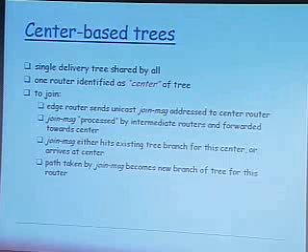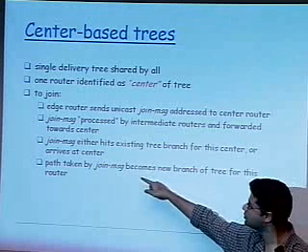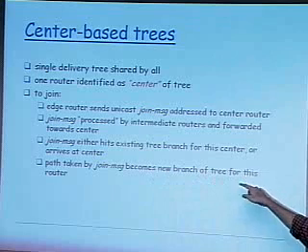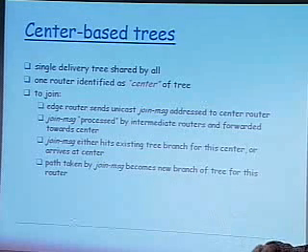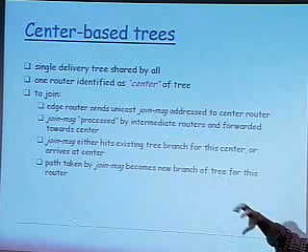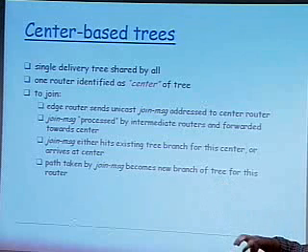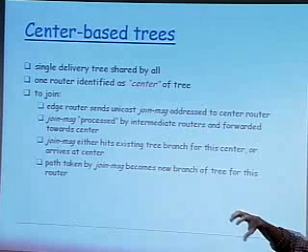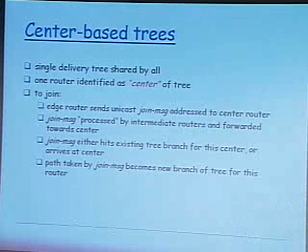So they also join this tree. And the path taken by this join message becomes a branch of the tree for this new router. So as this join message propagates, all those nodes become part of this tree. And this process is taken by all the routers that join this multicast group.